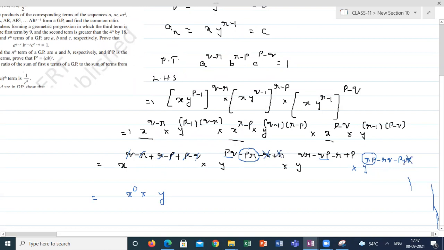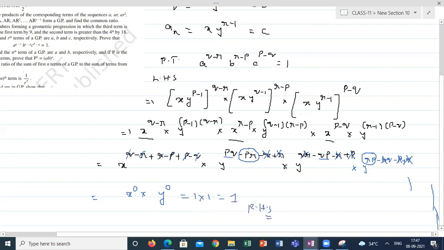Plus r minus r. qr minus rq. P, where is minus p? Yes, this is minus p. Yes, everything cancels. So y power 0 into y power 0 into y power 0. After adding, I'm getting y power 0. So this will be 1, and 1 is the RHS.